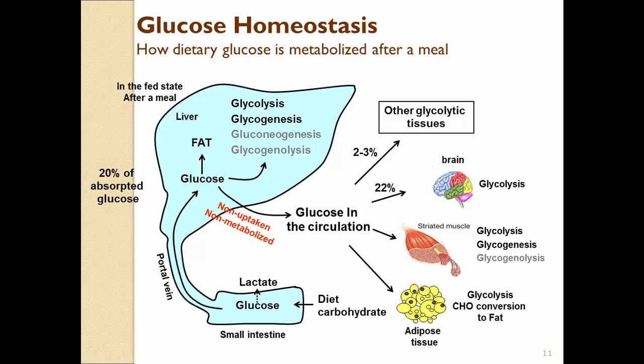Now let's talk about glucose homeostasis. Homeostasis means that we always want to maintain blood glucose level at the normal range either under fed or fasting condition, right? So in the fed condition, we don't want our blood glucose level to go too high after eating, right?